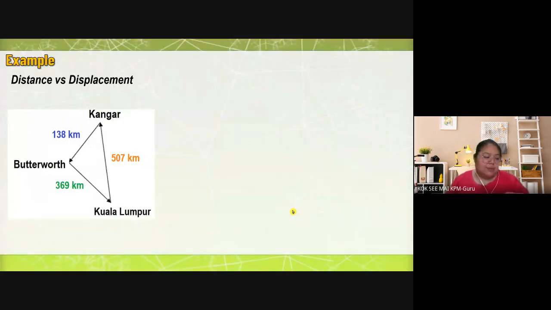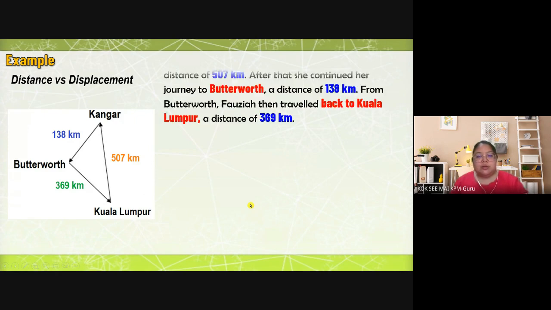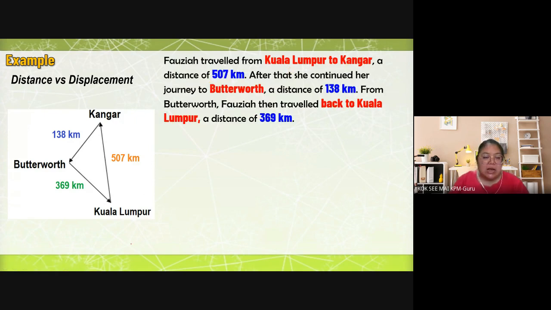Okay, let's see this one example. Okay, this is one example from your notes. Okay, we try to do. Okay, Fauzian, they travel from the KL to the Ganga. So they start from the KL first, then go to the Ganga. So 507 kilometers. Okay, after that, she continued her journey to Butterworth.